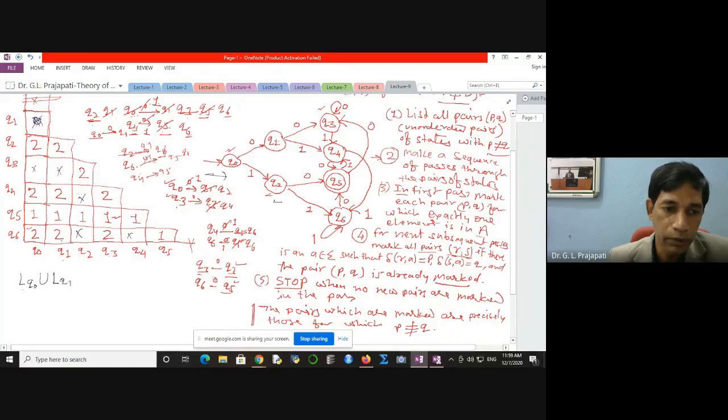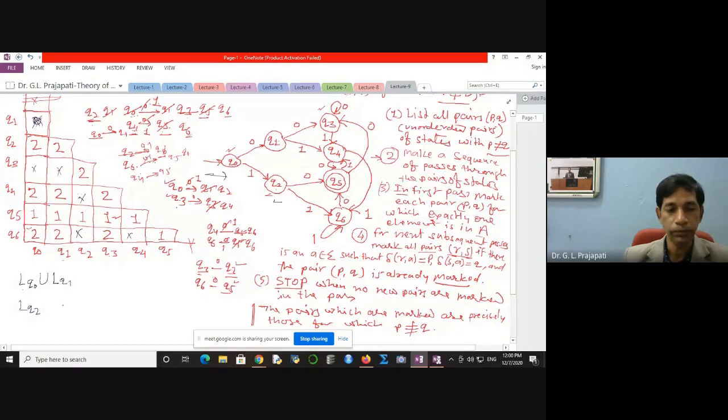You see that Q2 and Q0 is marked, yes. And Q1 and Q2 is also marked. So Q2 will not go to this equivalence class; Q2 will go to a different equivalence class.